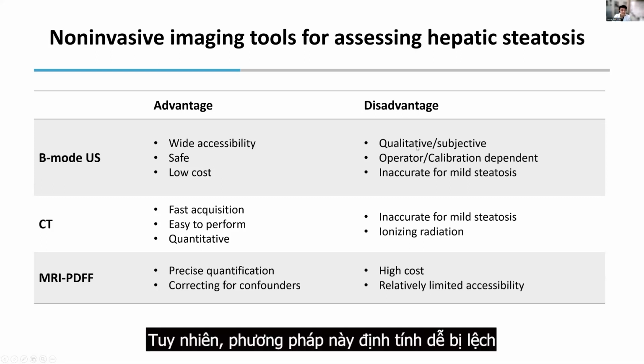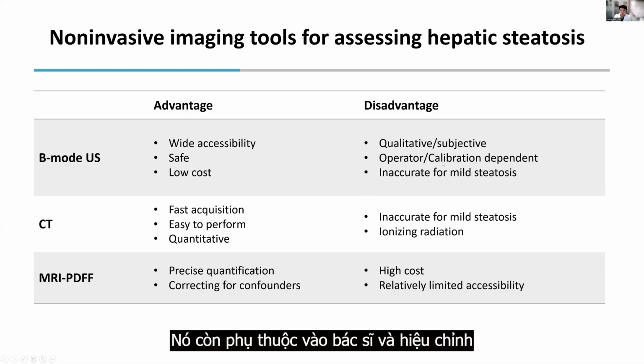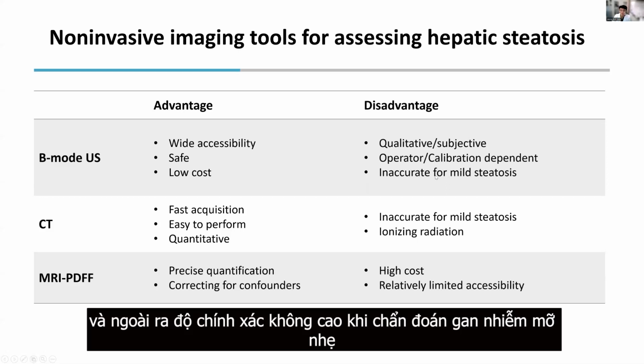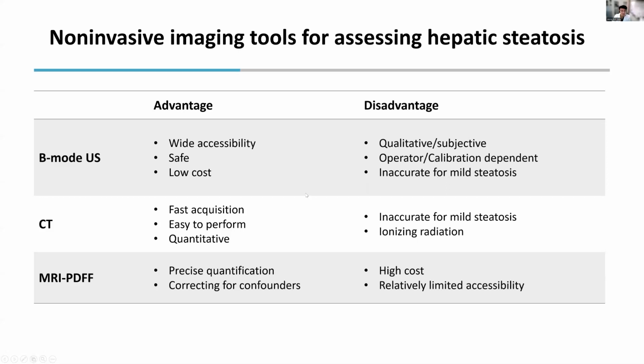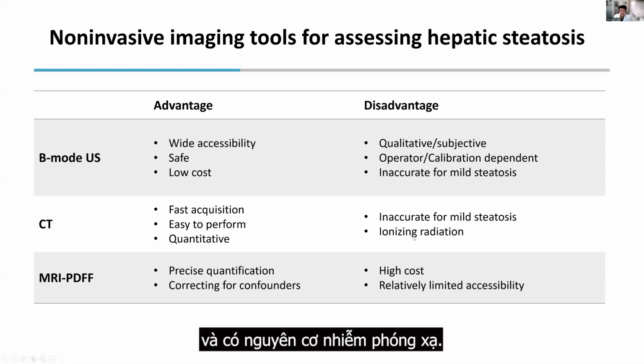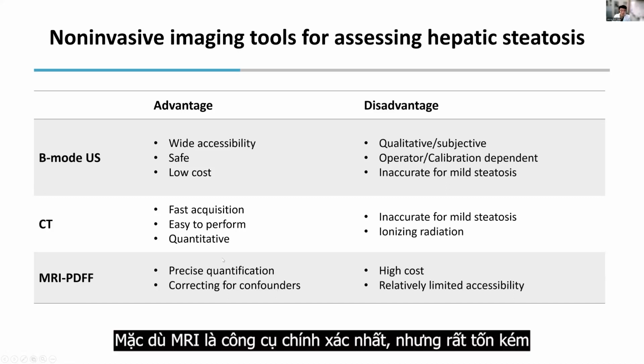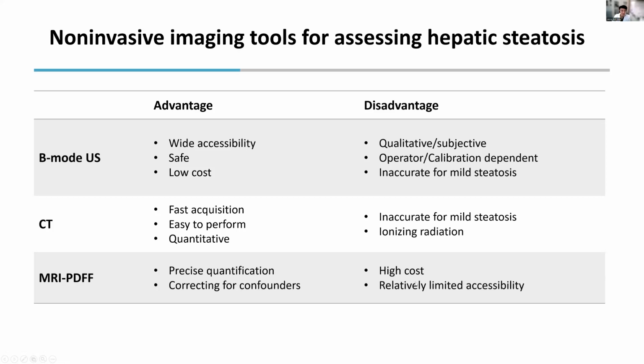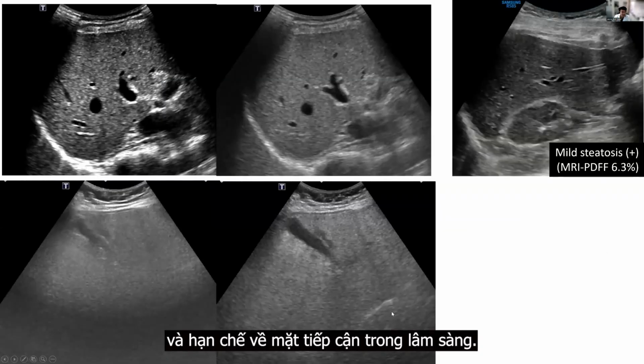However, it is qualitative and subjective for assessing steatosis, and operator or calibration dependent, and shows modest accuracy for mild steatosis. CT is easy to perform, but is inaccurate for mild steatosis and has a risk of radiation exposure. Although MRI tools are the most accurate, they are expensive and have limited accessibility.